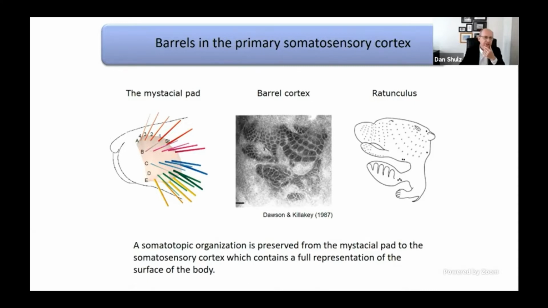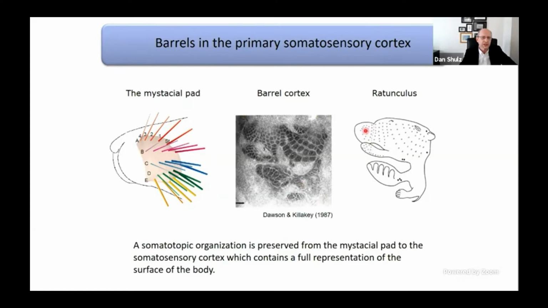So let me give you just a glance of what we are talking about when we study this system. This system starts in the whiskers on the mystacial pad on the snout of the animal. There are more or less 35 whiskers on each side of the snout. The information gathered by the whiskers is transmitted to the barrel cortex, where you can see here a histology of the barrel cortex.